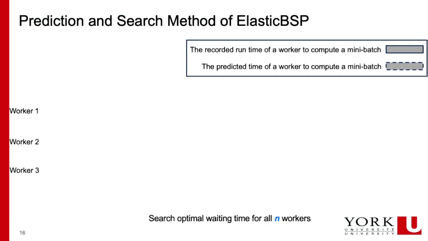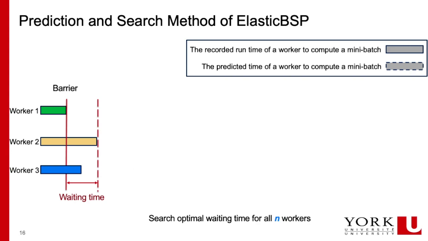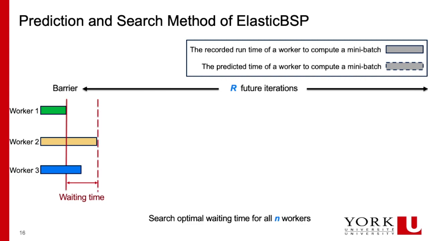The intuition about how our approach works is as follows. Assume we have 3 workers running in the BSP model. Initially, once each of them finishes 1 iteration, they have to wait for each other. The barrier starts at worker 1, then worker 3, and worker 1 waits for worker 2. The waiting time is this much, highlighted in red. And then the dashed line is the end of the barrier. Then we think, wait a second, what if we allow these workers to run more?